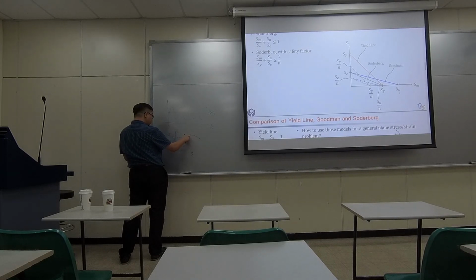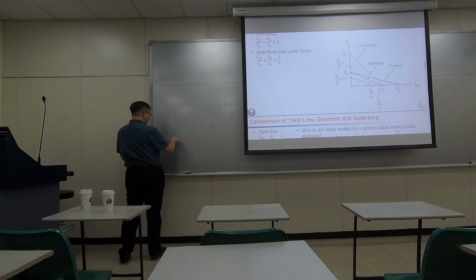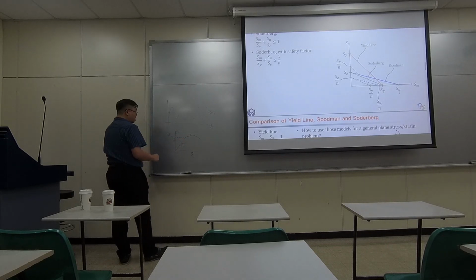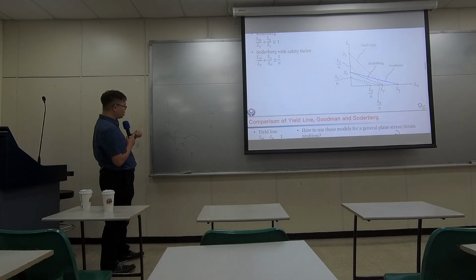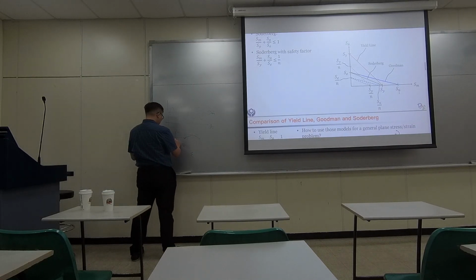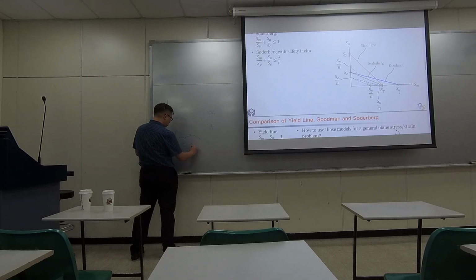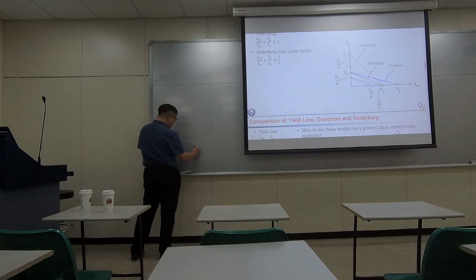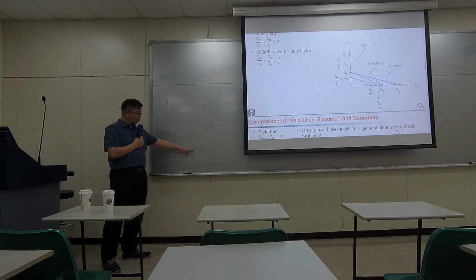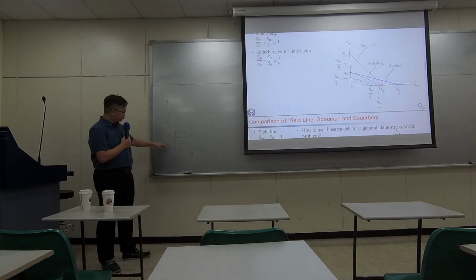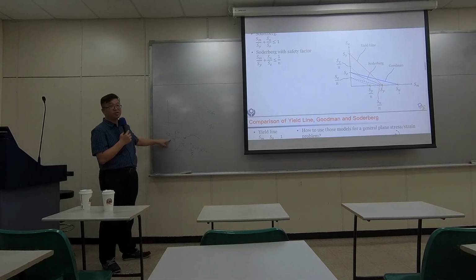Usually this ultimate tensile strength is not too far away from the yielding strength. But the strength of the material could drop down to as low as, for example, maybe here. The endurance limit could be as low as a half of the ultimate tensile strength. Okay, so the endurance limit usually is lower than the yielding point.